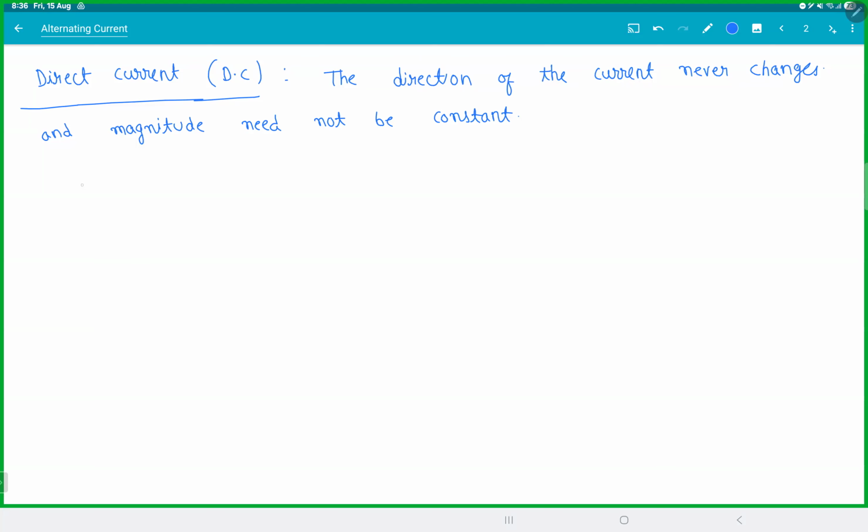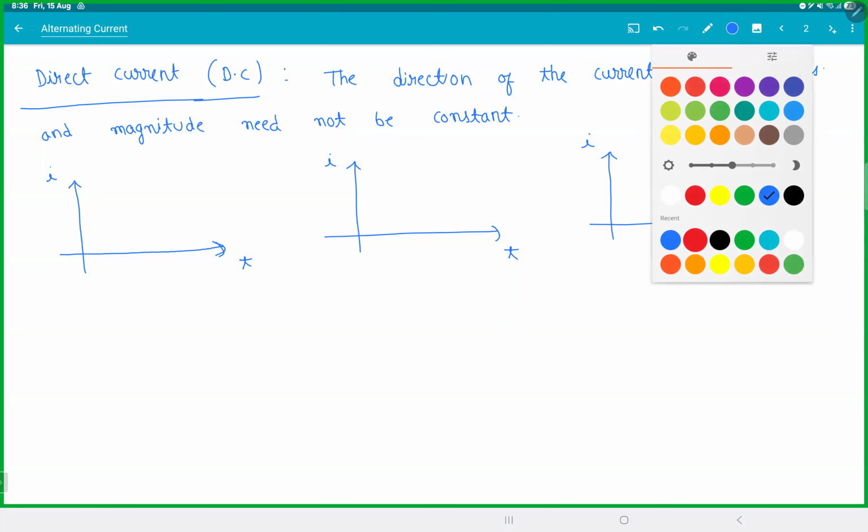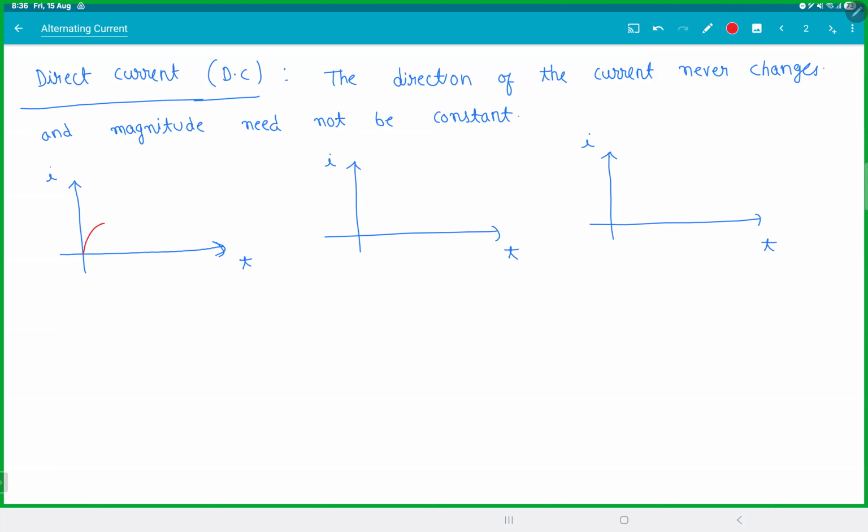Generally, whenever people think about DC, they think about a constant voltage or a constant current, which is not necessary. If you take a mod sine function, this is also DC.